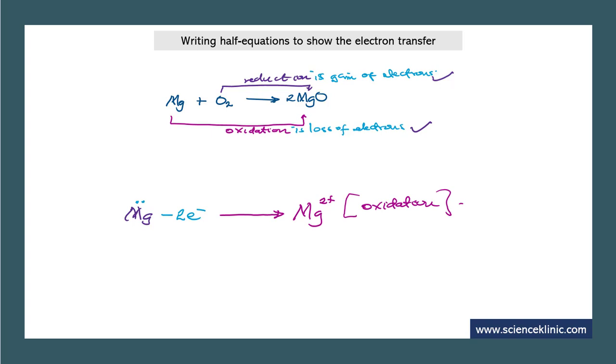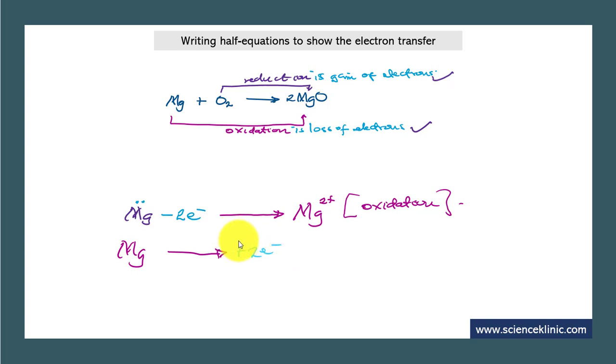But in many textbooks you will see it in this way, which is also acceptable. So you can use any of the two. They will write Mg, and then they put the arrow here. So remember, in mathematics, when you move from one side of the equation to the other side, the sign will change. So instead of minus 2 electrons here, it will be plus 2 electrons on this side.